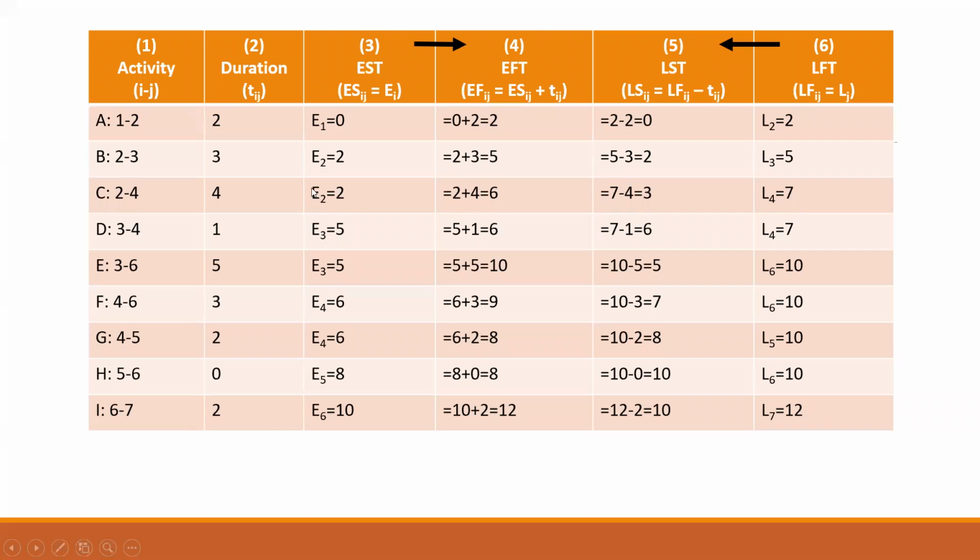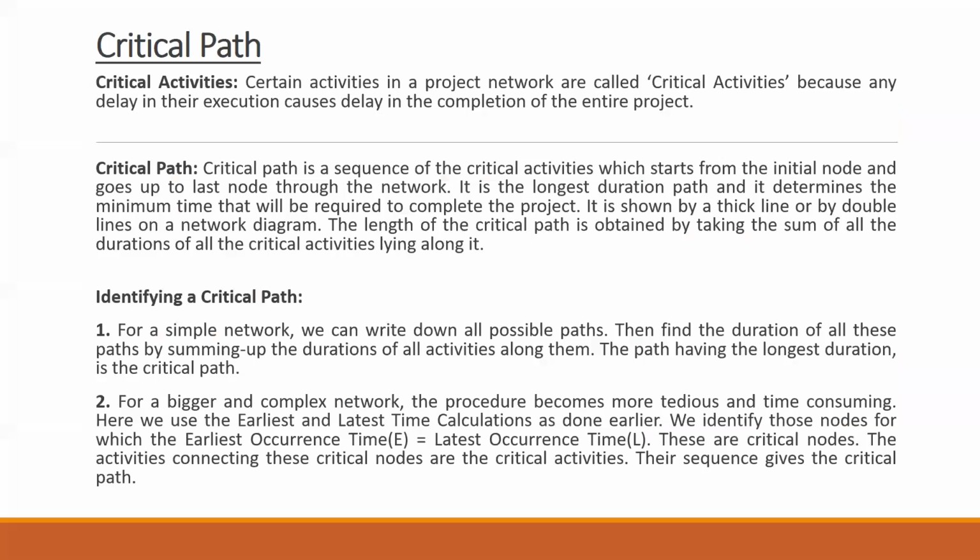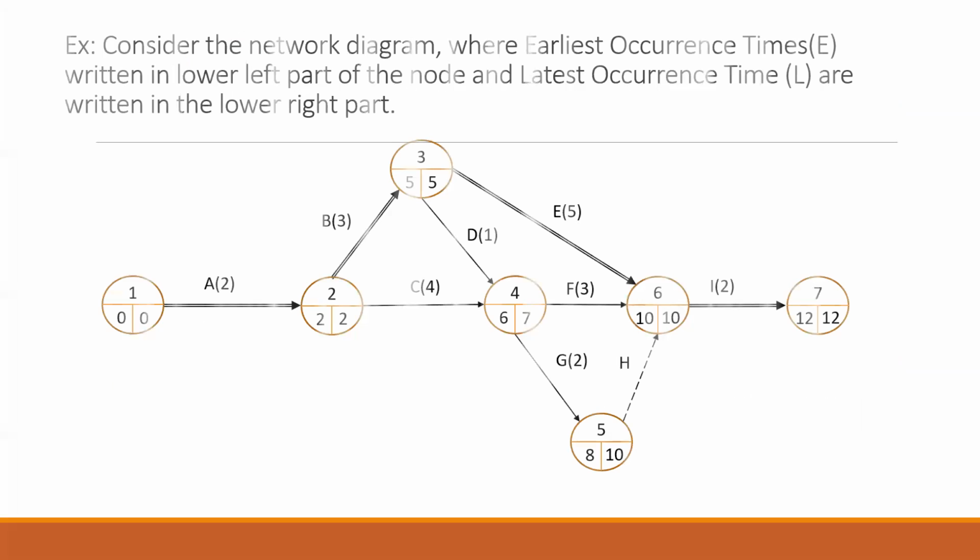So these values 0, 2, 2, column number 3 and column number 6, we have put further here in this diagram. This is my Ei, and this is my Lj. The earliest occurrence time and the latest occurrence time.